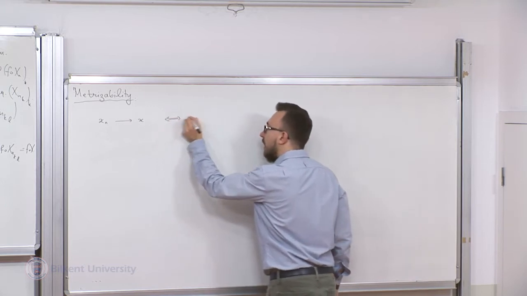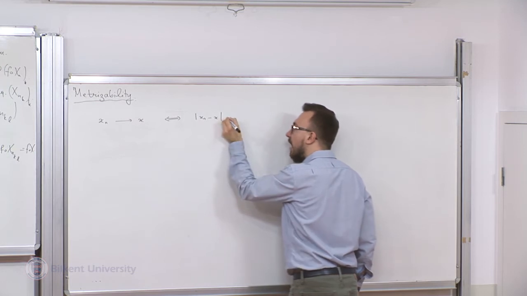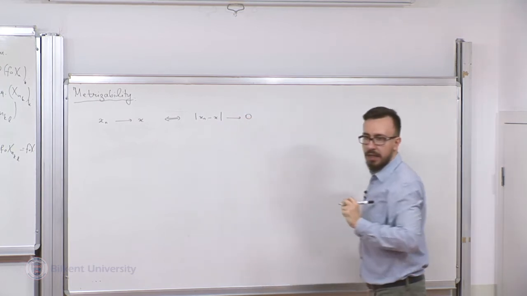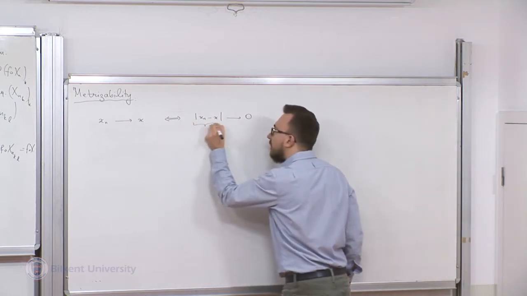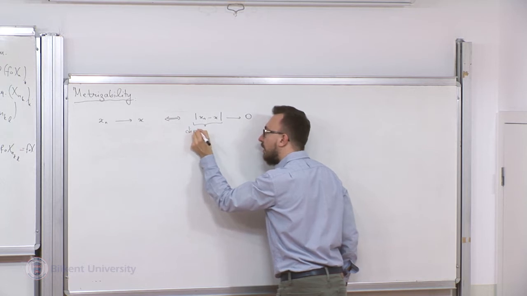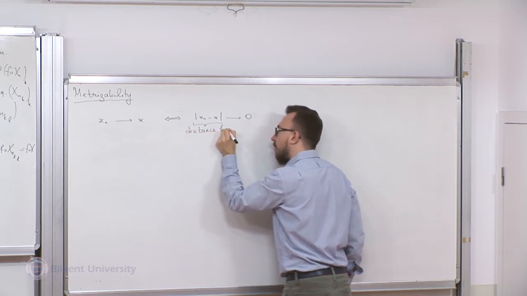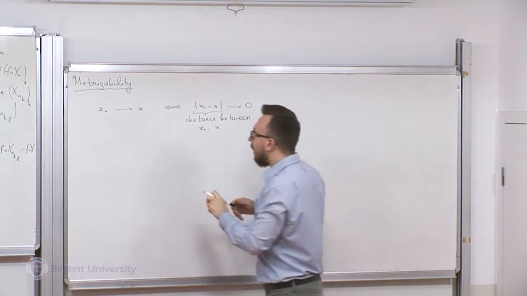Well, this means you look at the distance between xn and x, and this converges to 0, right? These two things are the same. So this is the absolute value of xn minus x, and we usually call it the distance between xn and x.